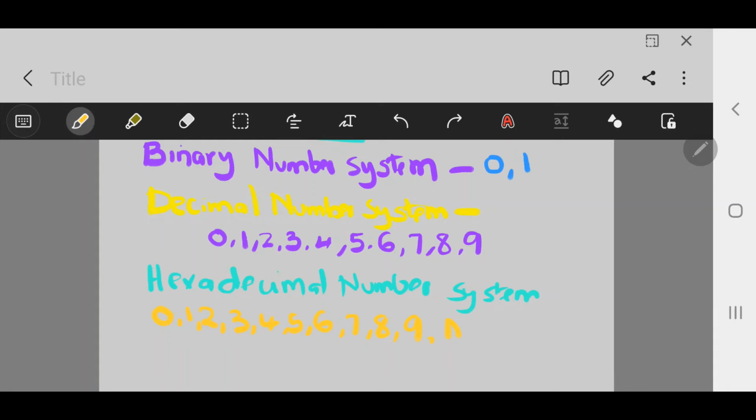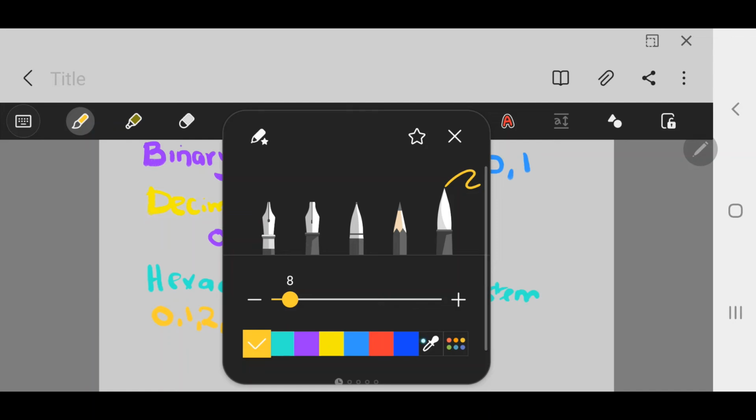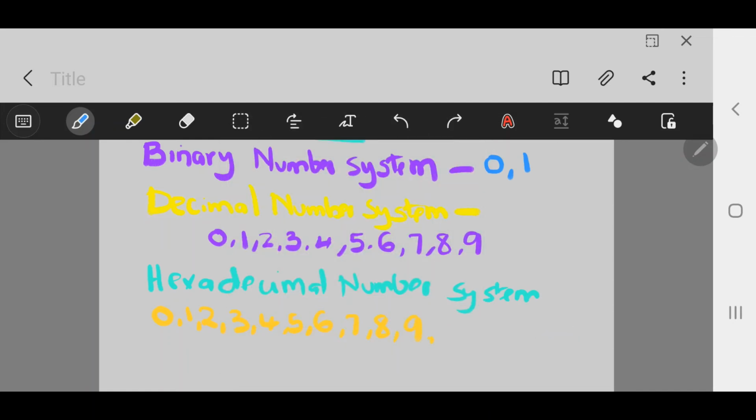Let me use a different color so that we can combine them together. We have A, B, C, D, E, and F. These ones are 16. That's why we call it hexadecimal.